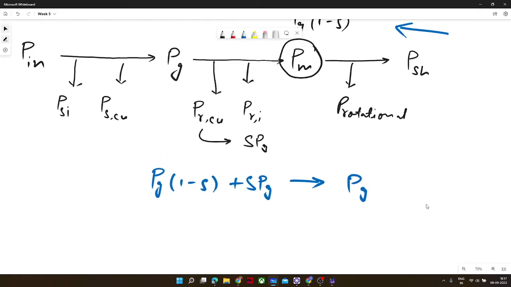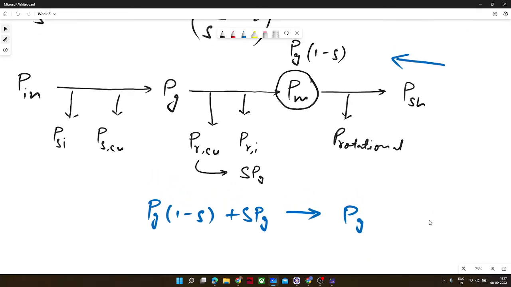Okay, so we should always remember this power flow. Then you will be able to calculate efficiency, torque, power at any level. Otherwise, you will be confused which is mechanical developed power, which is output power, which is rotor copper loss, which is stator iron loss, copper loss, or input power. Okay. So if this power flow diagram is in your mind, it would be very easy to solve any power related problem.